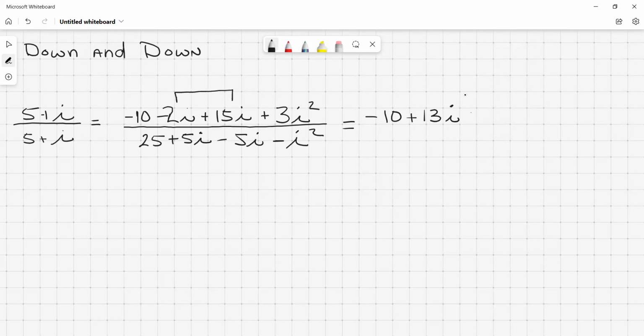And that's plus 3 times i squared, and remember i squared is negative 1, over your positive 5i and your negative 5i, those cancel out, they become a 0. This is 25 minus i squared, which is negative 1, so it's 25 minus negative 1. And that's keep, change, change. So you got a 26 in the denominator.